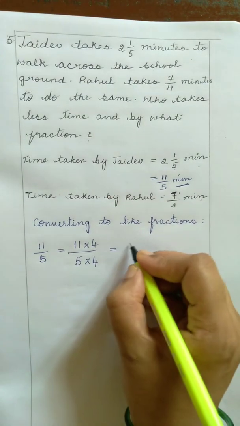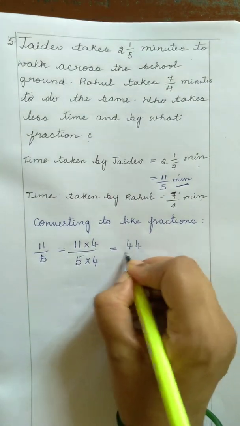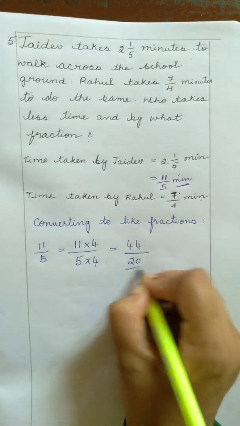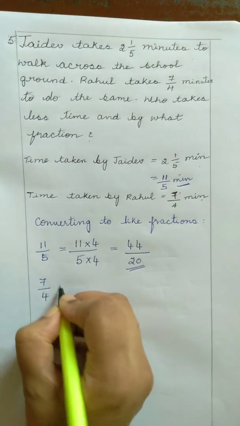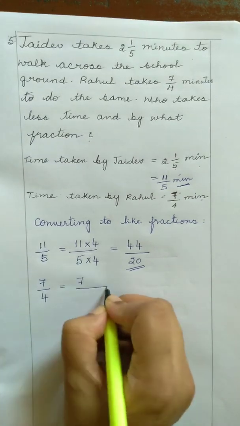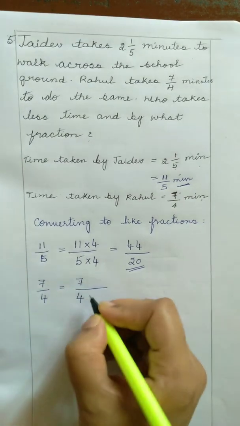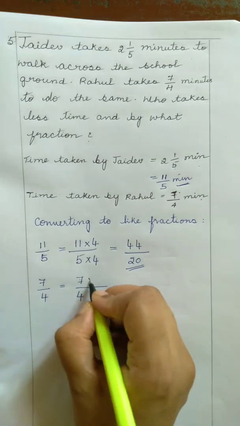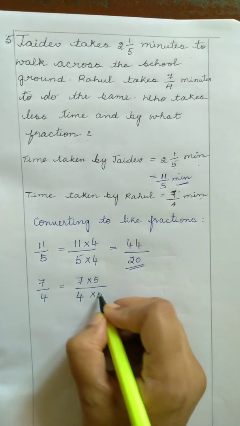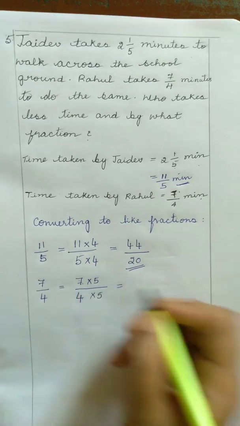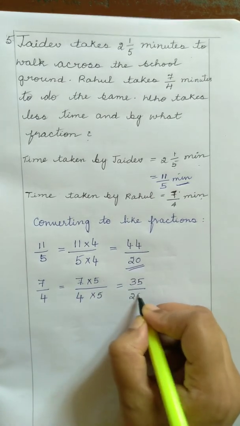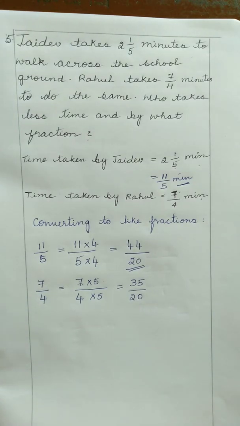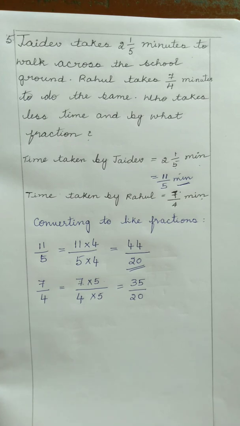Therefore, 11 4s are 44 by 5 4s are 20. Take the next fraction, that is 7 by 4. Multiply both the numerator 7 and the denominator 4 by 5. That will be equal to 7 5s are 35 by 4 5s are 20. Now we got in both the fractions the denominator value equal to 20.